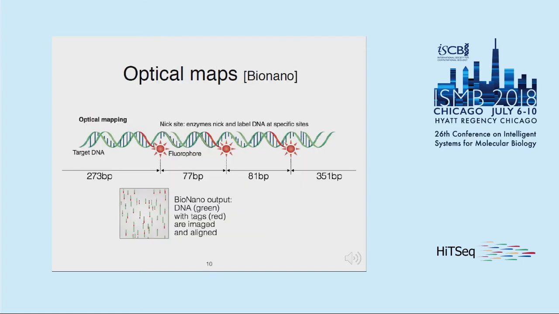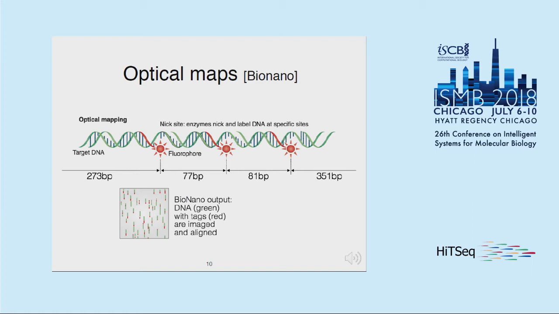Our solution is to use optical maps. The optical map is a kind of restriction map. When doing optical mapping, people cut the genome into fragments and use one specific type of restriction enzyme to nick the fragments, so that we can get the distance between the neighboring restriction sites.